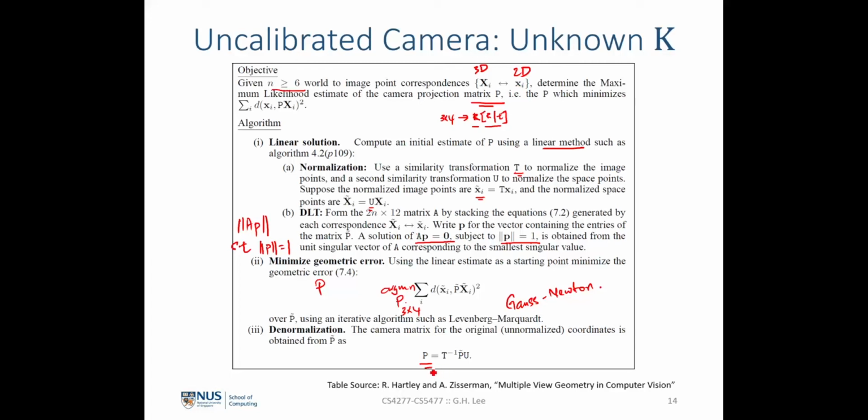To do the denormalization, we will simply multiply the inverse of the 2D similarity transform by the predicted camera projection matrix from the geometric error, and finally multiply it by the similarity transformation matrix for the 3D points, denoted by U over here.